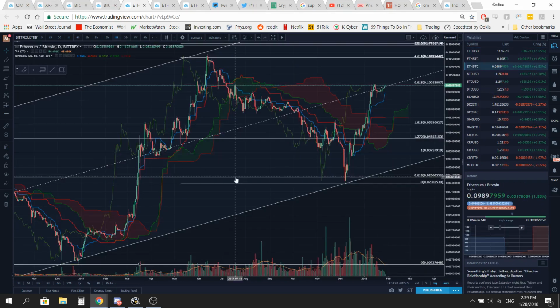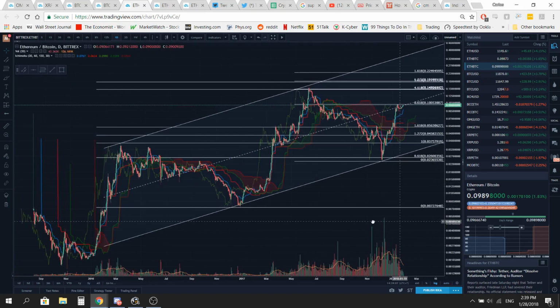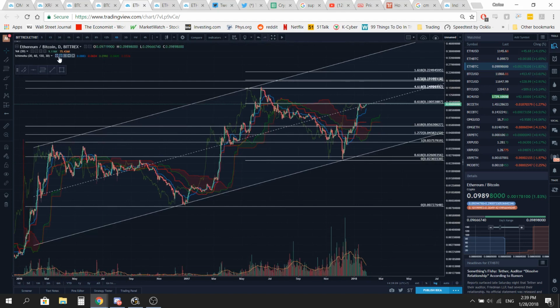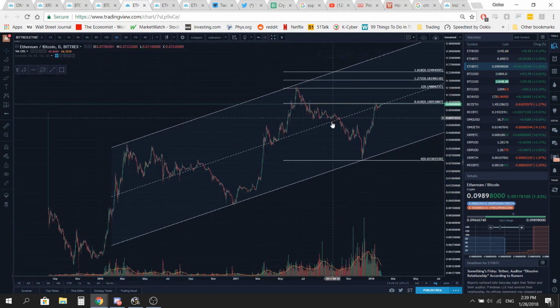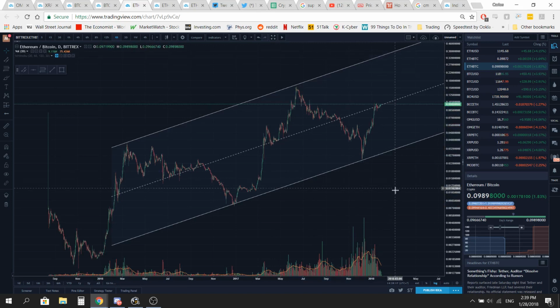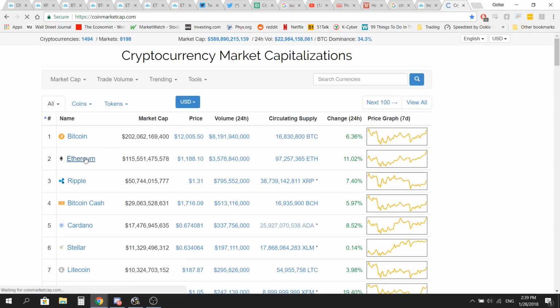ETH BTC chart. I don't put as much weight on this chart here. Let me clean this up a little bit. Because if you go on CoinMarketCap and look at the numbers, look real quick. ETH.